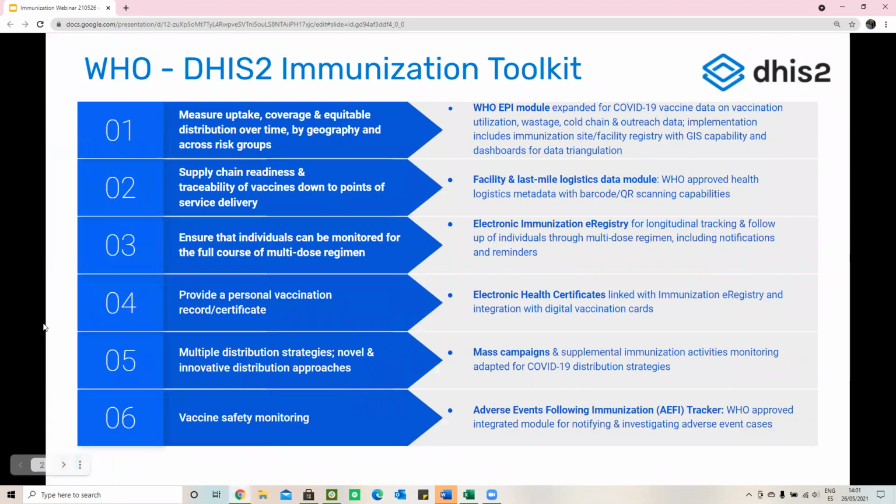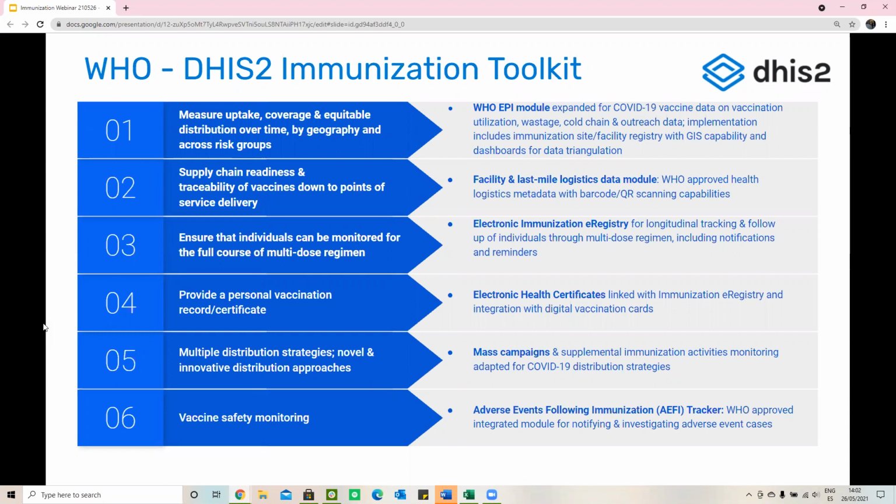Just to get an overview of the DHIS2 Immunization Toolkit, which we have been developing together with WHO, Gavi, and UNICEF, just to mention a few, it's a wide range of toolkits that can be used either to measure coverage and distribution of vaccines, so the EPI module for routine vaccinations, as well as for mass campaigns or in general emergency campaigns, such as the COVID-19 that we are approaching now.